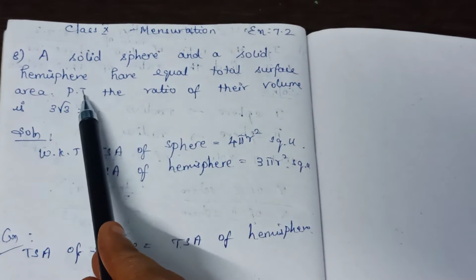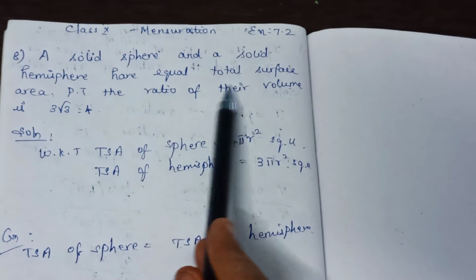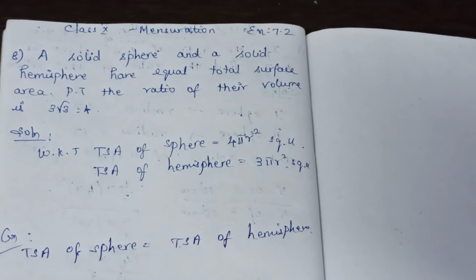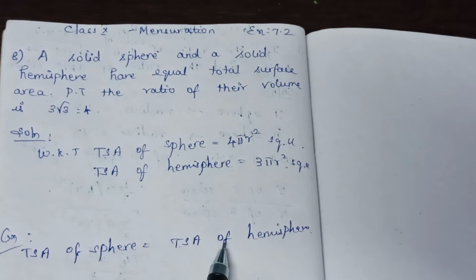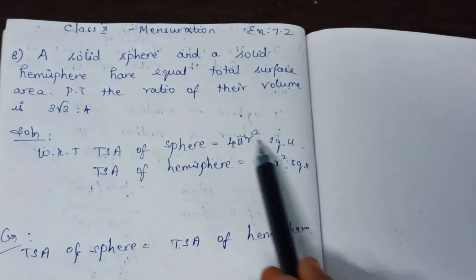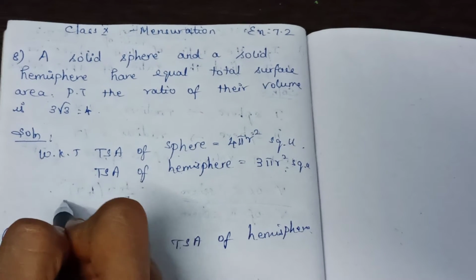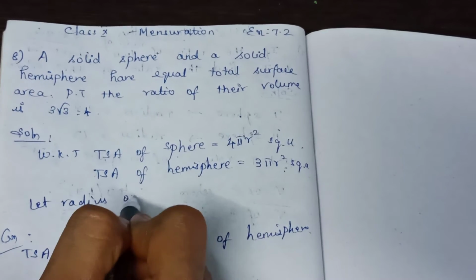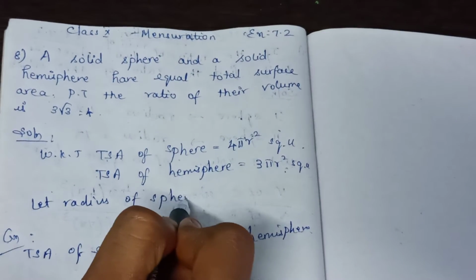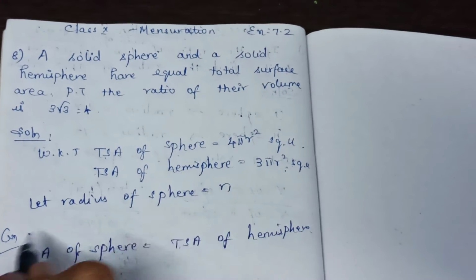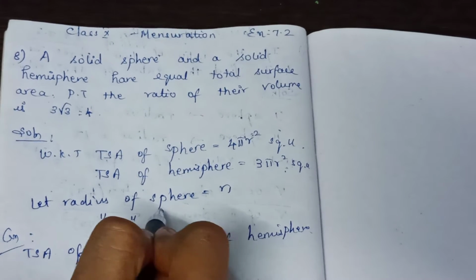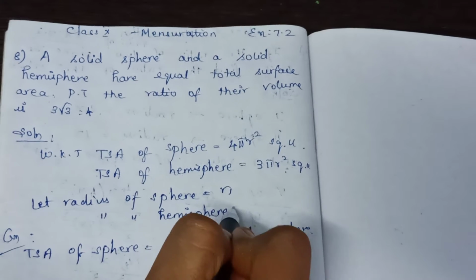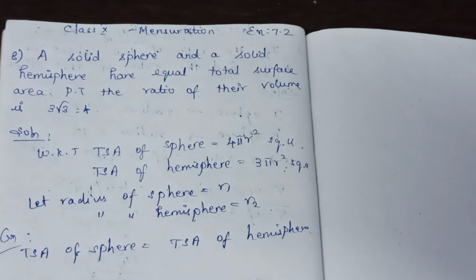Now we have to prove that the ratio of their volumes is 3 root 3 is to 4. So here since both the TSA are equal, the radii are different. So let us take radius of sphere equal to R1 and radius of hemisphere equal to R2.